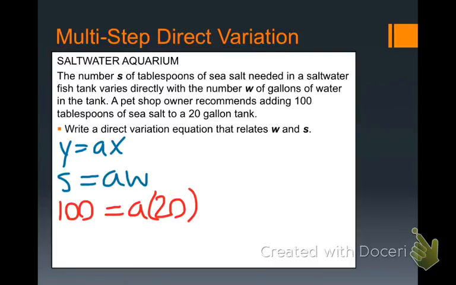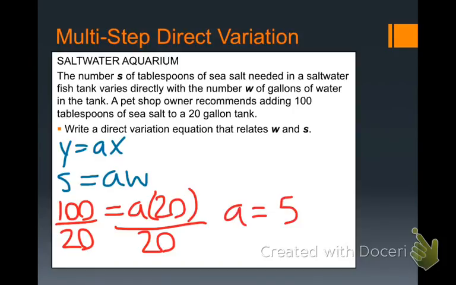Now we can solve for a. Because 20 is being multiplied by a, we divide by 20 on both sides. 100 divided by 20 is 5. So our constant of variation is 5. We can write a general equation to relate the amount of salt with the amount of water: S equals 5W.